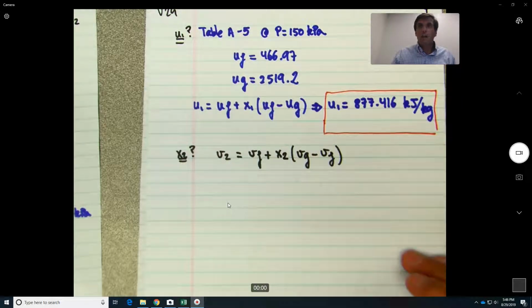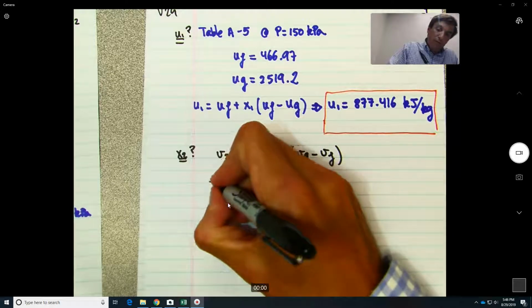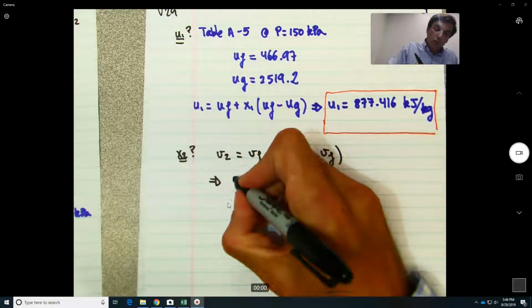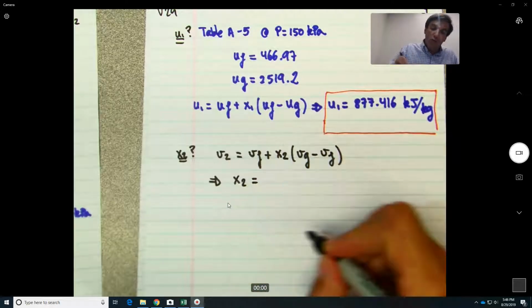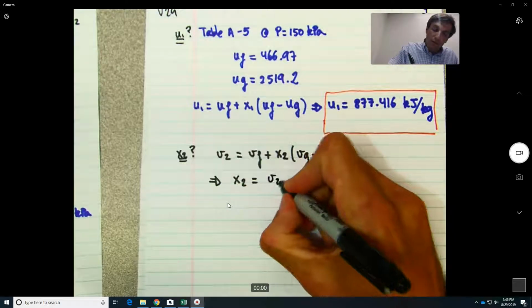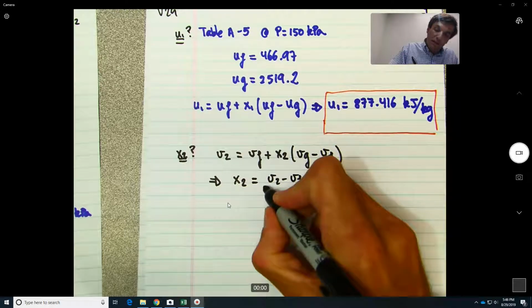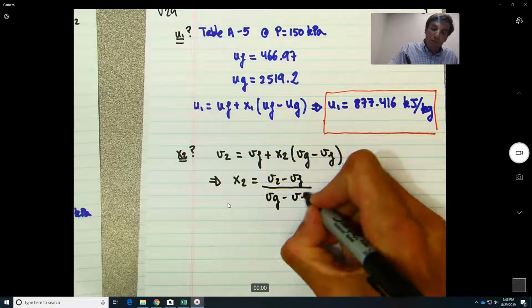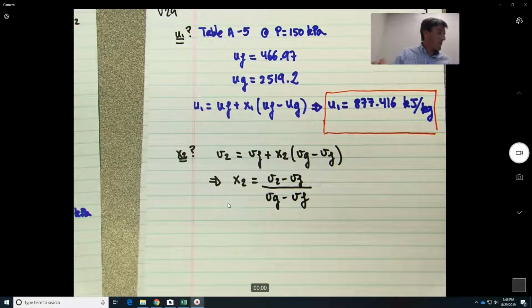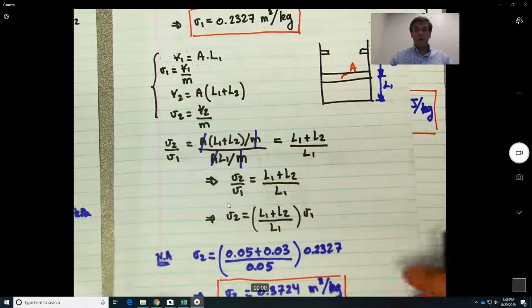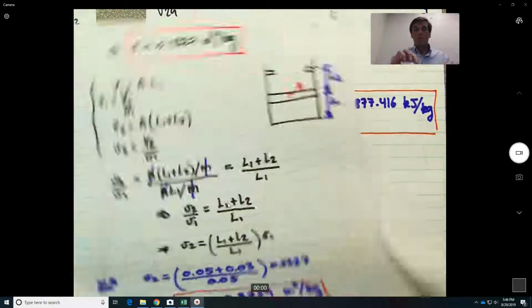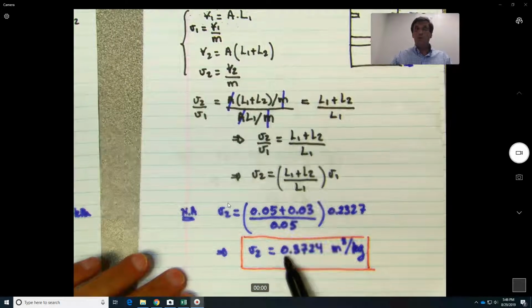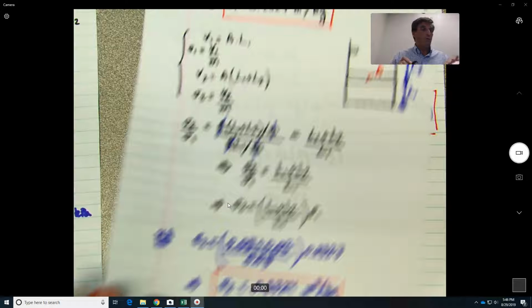So if we do that calculation, over here we know V2, so we have X2 will be equal to V2 minus V fluid divided by Vg minus V fluid. Okay? And the value for V2, we have it from page number 2, is equal to 0.3724.